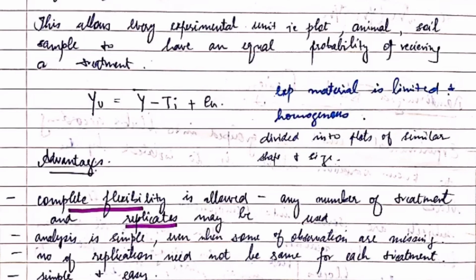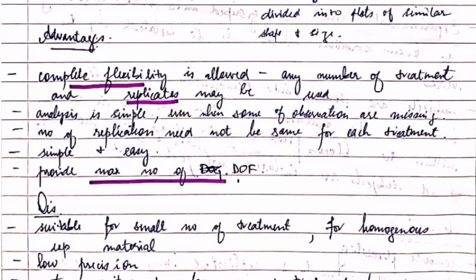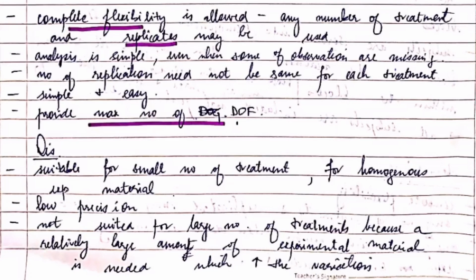I have mentioned the formula along with some advantages, which are that complete flexibility is allowed and replicates may be used. It is simple and easy. Some of the disadvantages include that it has low precision, and it does not suit a large number of treatments because a relatively large amount of experimental material is needed.